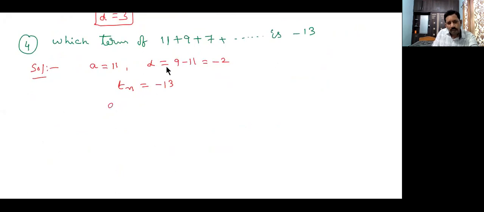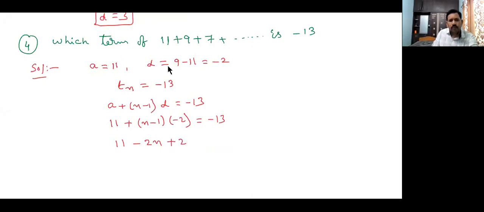Tn formula A plus n minus 1 into D is equal to minus 13. A value is 11 plus n minus 1 into D value minus 2, that is equal to minus 13. Here do the calculation. 11 minus 2n plus 2 is equal to minus 13.